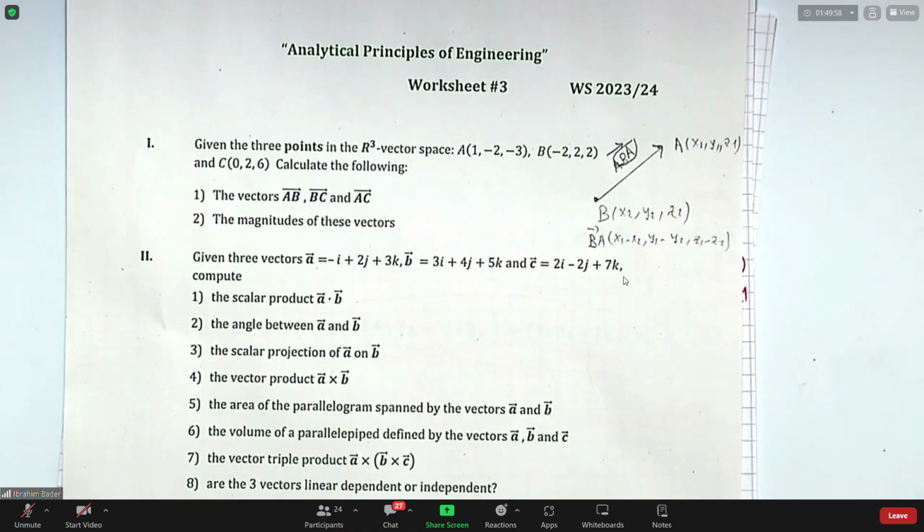I see here we didn't talk about the projection, right?